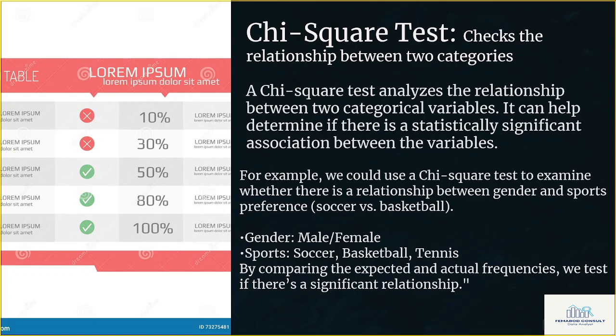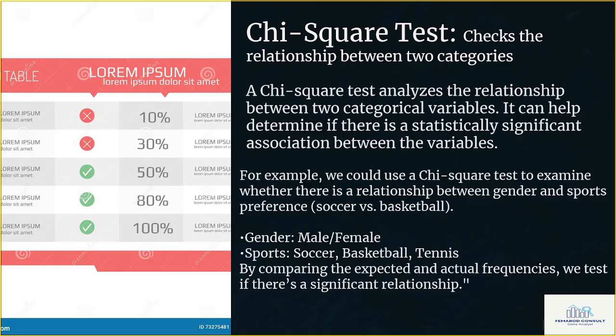So we are looking at gender, a categorical variable, then sport preferences. We can limit the variable to maybe soccer versus football. We'll be comparing the expected and actual frequencies. So we will test if there is a significant relationship between the two of them.